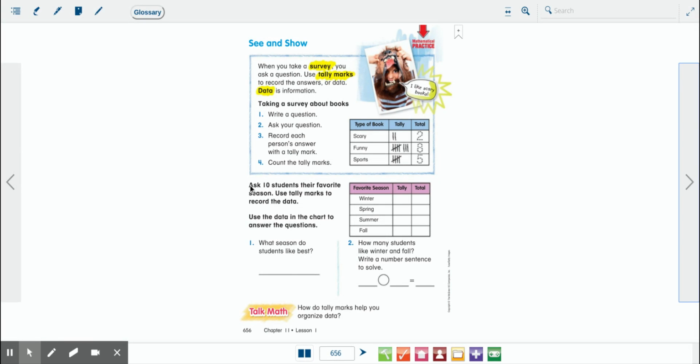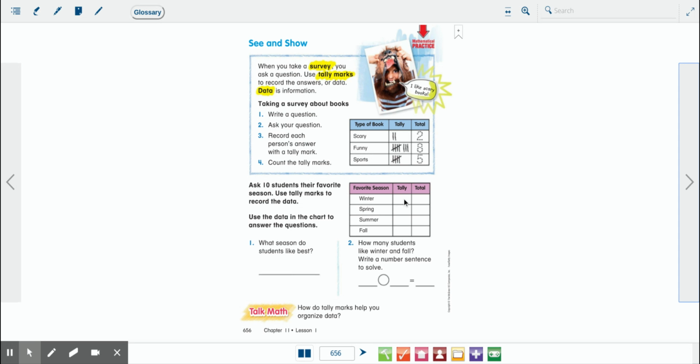For the next part, we have to ask 10 students, or I'm just going to give you some numbers, their favorite season. Use tally marks to record the data. Then we're going to use that data to answer some questions. All right, so we have our favorite season. Is it winter, spring, summer, or fall?